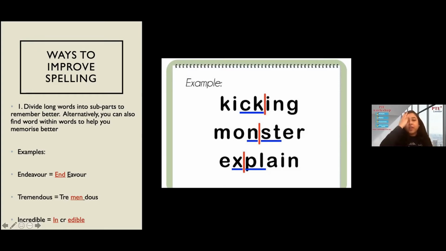So I have got a question from Julie. What spelling do you recommend to use in the PTE test? Well, PTE is actually an American test, and most of the time for all the instructions, they follow American spelling. I would say if you can keep following American spelling, that way you'll be safe.